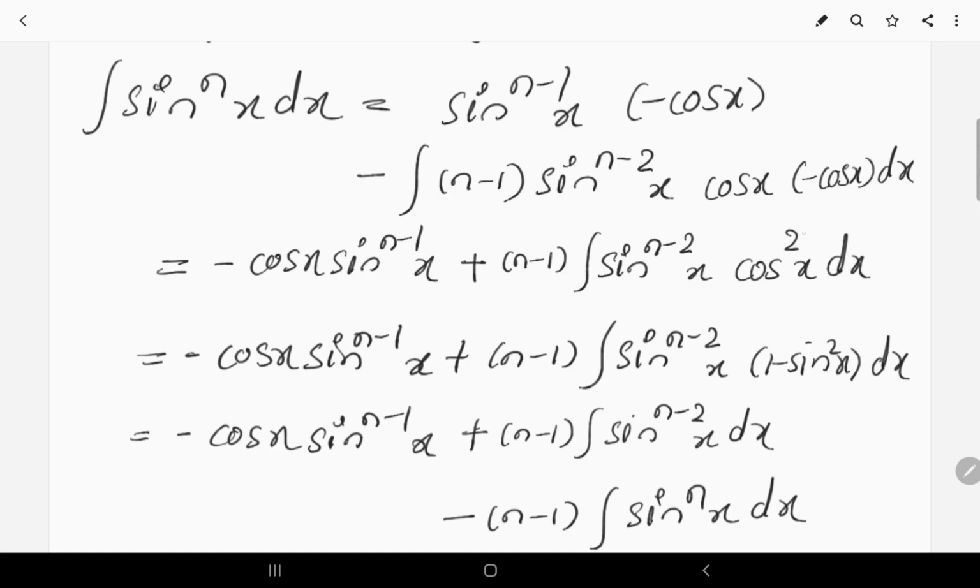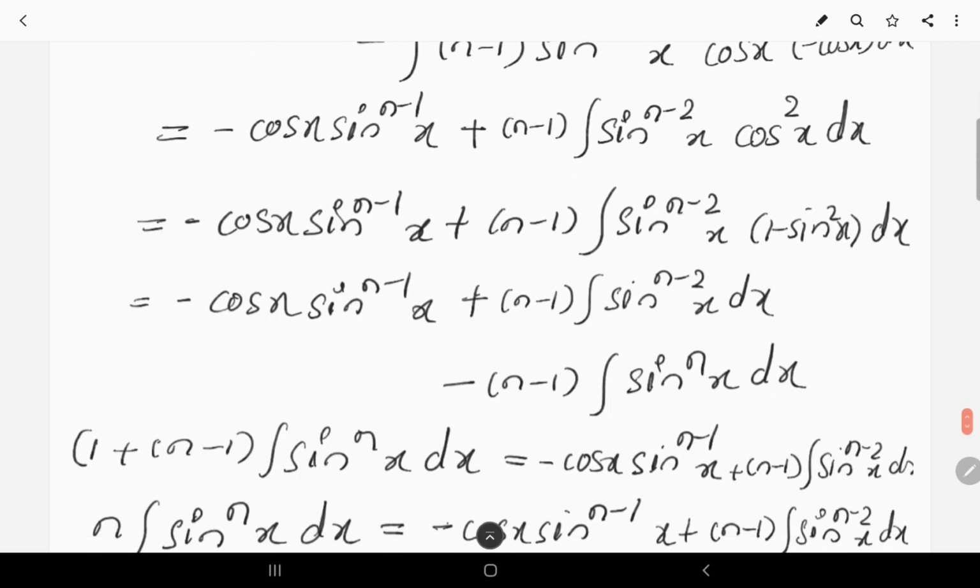Again here cos square x can be written as 1 minus sin square x, and after removing the bracket it becomes n minus 1 is constant, integration of sin raised to n minus 2 x into 1 is sin raised to n minus 2 x dx. Again sin raised to n minus 2 x into sin square x, here plus into minus minus, n minus 1 is constant as it is, integration of n minus 2 plus 2, 2 get cancelled, sin raised to n x dx.